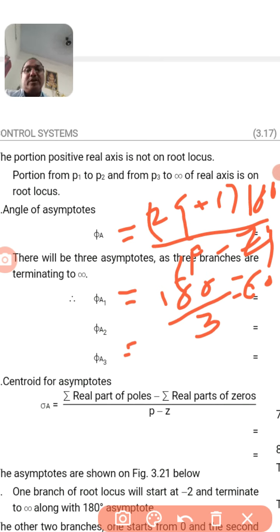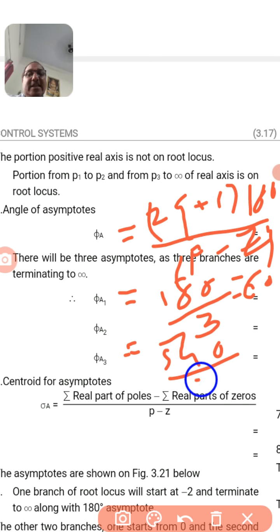Then phi A2, if q is equal to 1, then 1 into 2 plus 1, that is 3, into 180, that is 540, divided by 3, which is equal to 180 degrees. So the second angle of asymptote is 180 degrees.